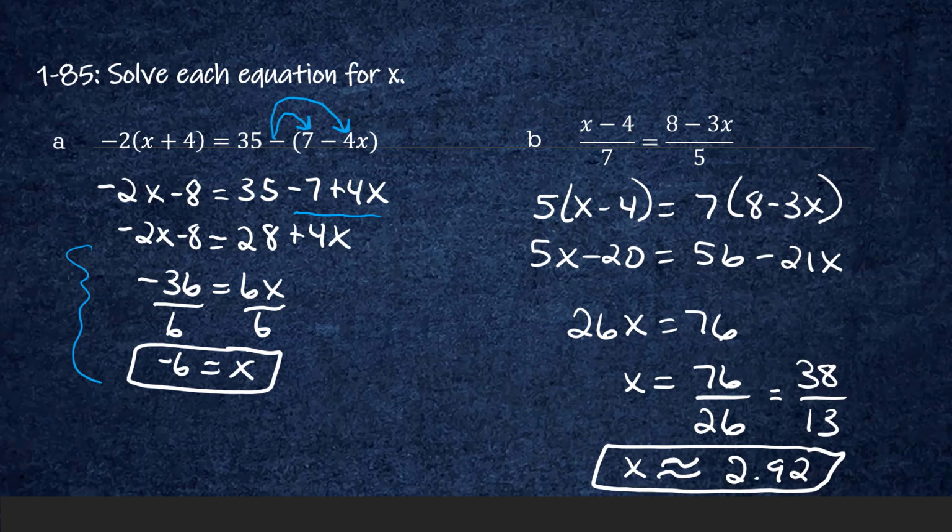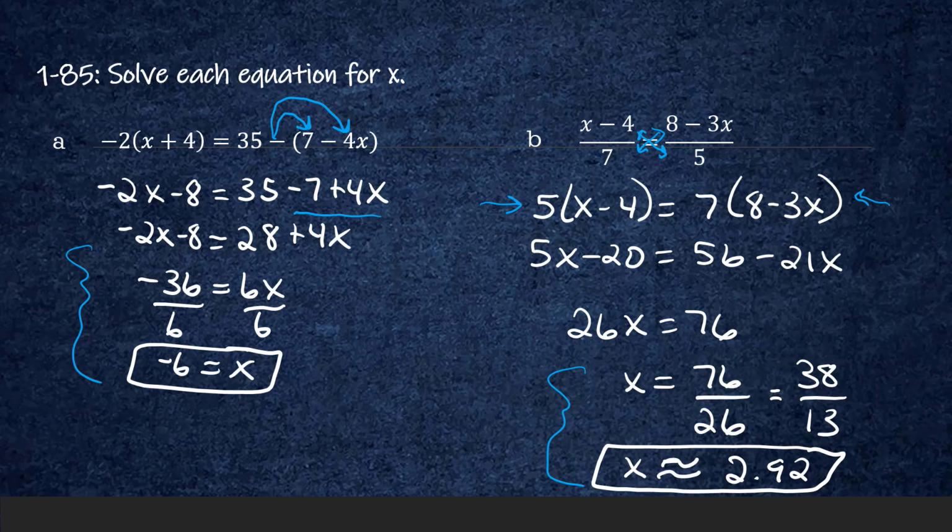Part B, you will see that I used cross multiplication, which, when you have two fractions set equal to each other, is the easiest way to solve it. So I've got 5 times x minus 4 over here, 7 times 8 minus 3x. And then it's just basic algebra again down to the bottom. This takes you down to where x is approximately 2.92 if you're rounding it.